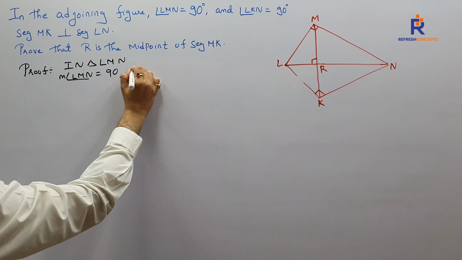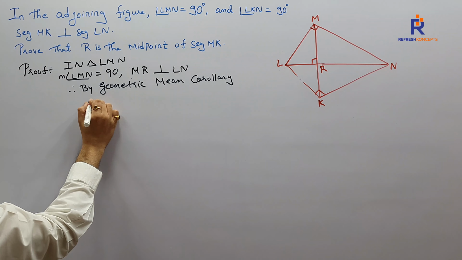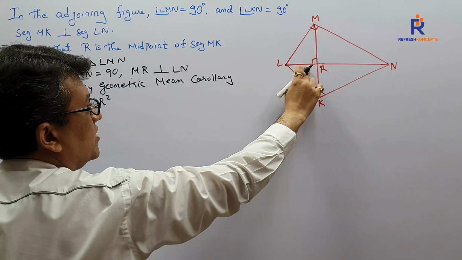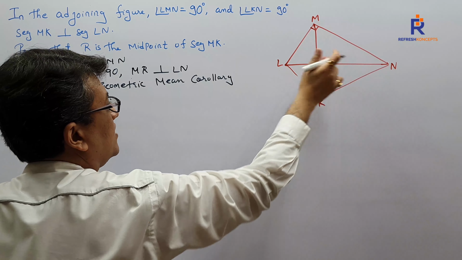Therefore, by the geometric mean corollary, don't write down GMC, children, MR square is equal to LR into RN. Equation 1.